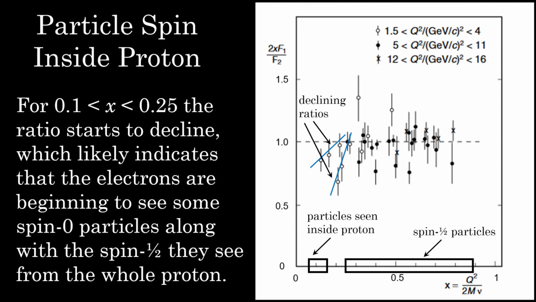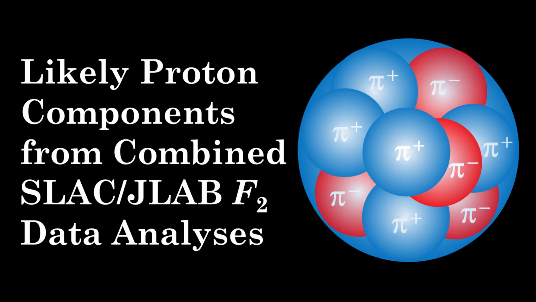All this could be interpreted as the electron seeing only the spin 1/2 of the whole proton for x greater than 0.25, where they cannot yet see the component particles, but gradually also seeing the spin 0 of the component particles along with the spin 1/2 of the whole proton as x grows smaller than 0.25, where the component particles come into focus. Pions are spin 0 particles.